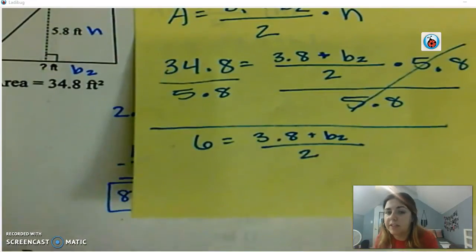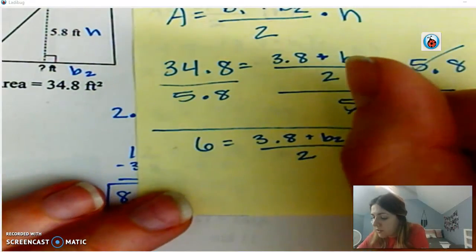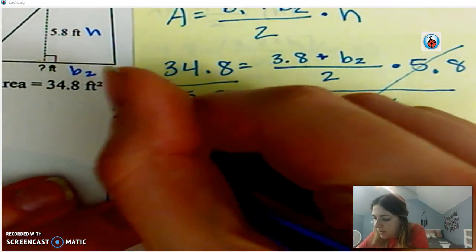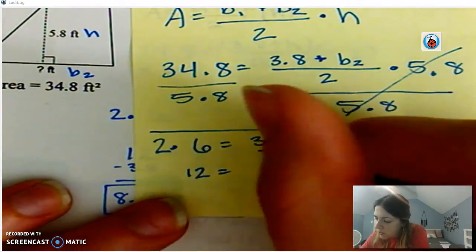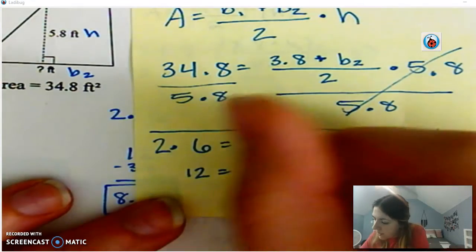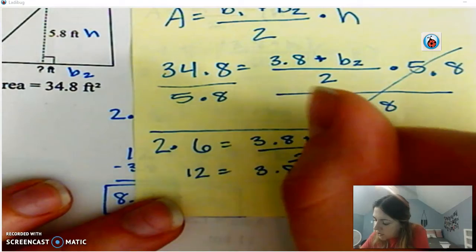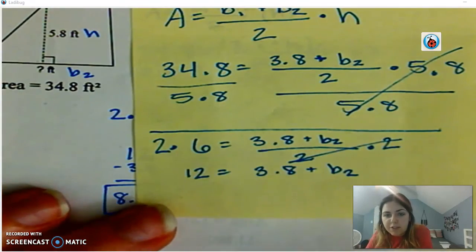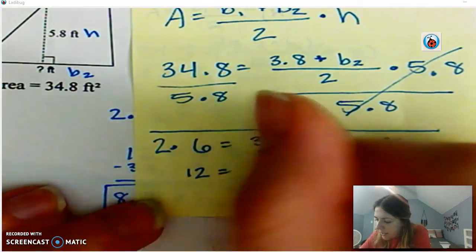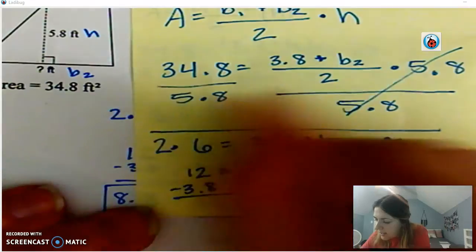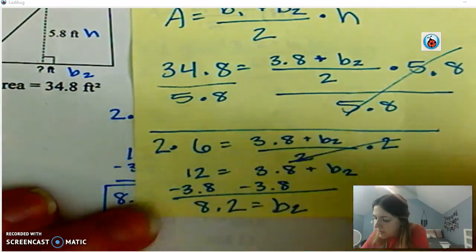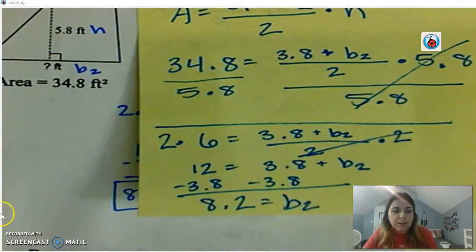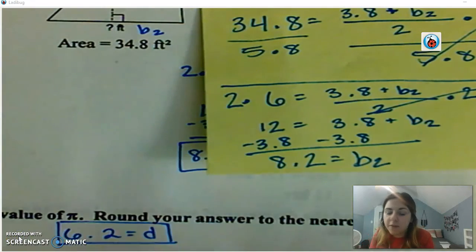Now, we can't do anything with this over a fraction, so I'm going to multiply by 2 on both sides. 2 times 6 is 12, equals, those cancel out, and I've got 3.8 plus B2. To get B2 by itself, I'm going to subtract 3.8 from both sides, and I'm going to get 8.2 equals B2. So your final answer for that one was 8.2, and that's what you would type in as your missing measurement.